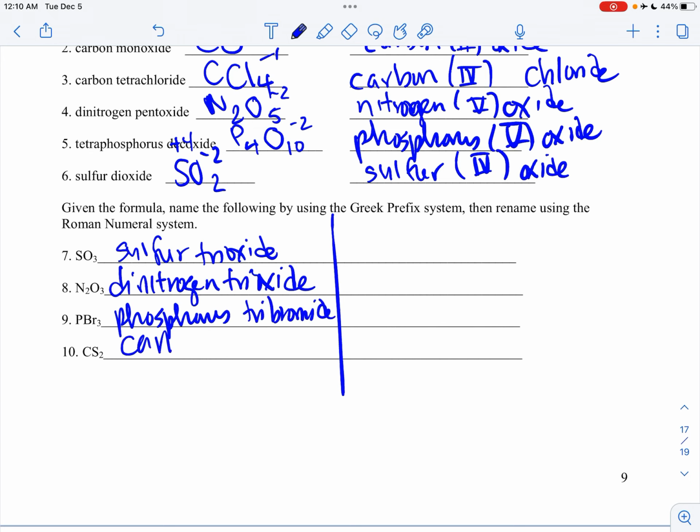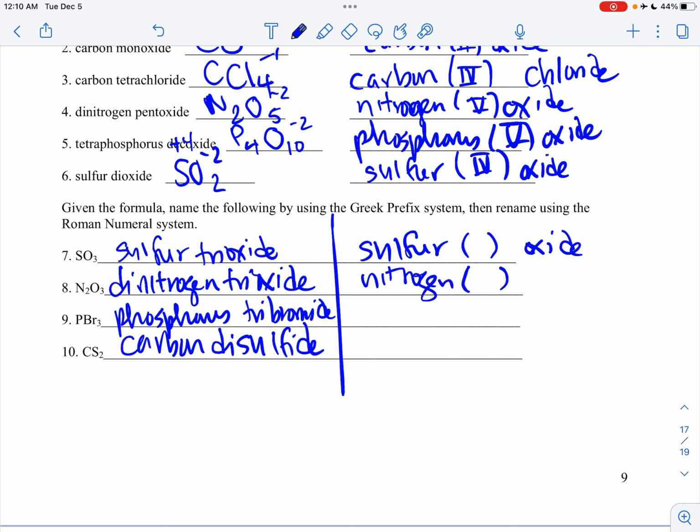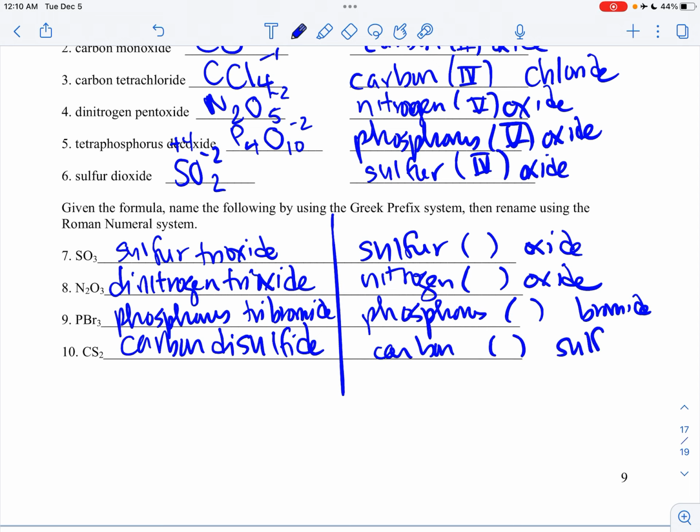And this is carbon disulfide. All right, so sulfur something oxide, nitrogen something oxide, phosphorus something bromide, and carbon something sulfide.